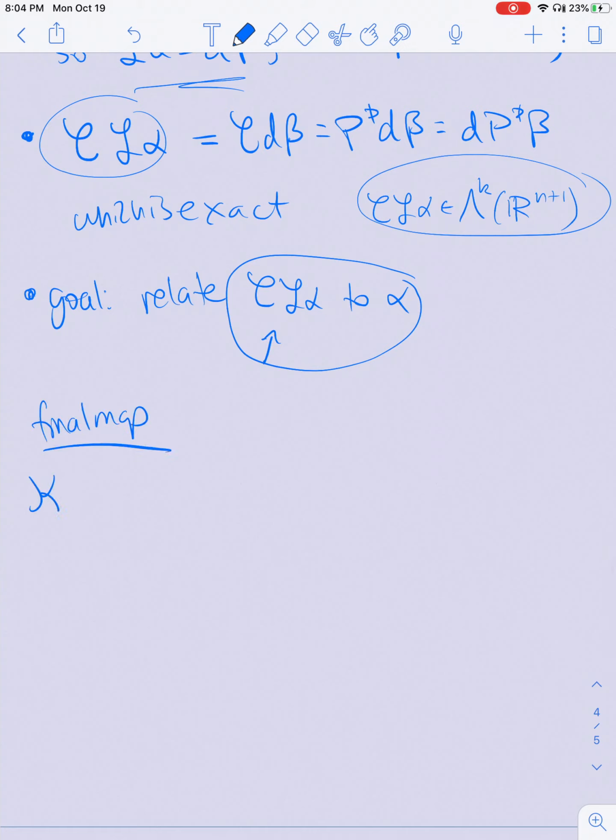So to do this, we're going to define one final map. We're going to call it K. So K is going to take k-forms on Rn plus 1 and turn them into k-1 forms on Rn plus 1. And it's going to be given term-wise.